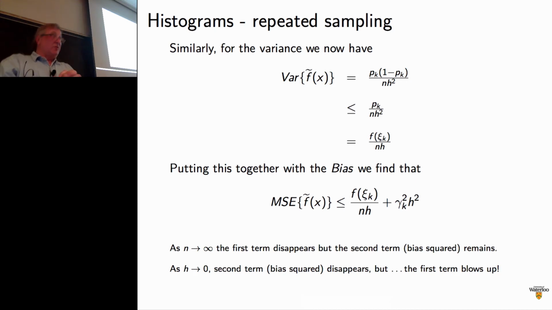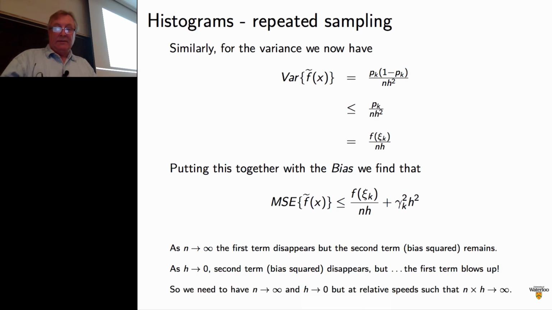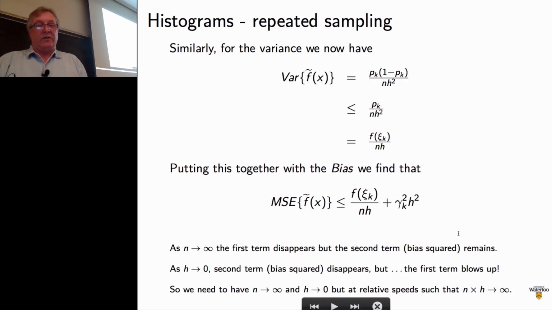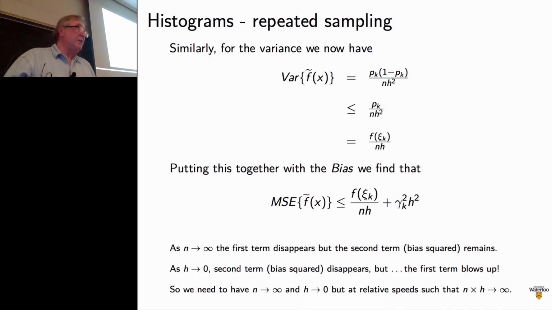So how would you usually make variances get smaller? Well, have a think about that, because we're going to use that in a few minutes. The other thing is that if you really wanted this whole thing to go to zero, you have to have n go to infinity and h go to zero at speeds relative to one another so that n times h goes to infinity.